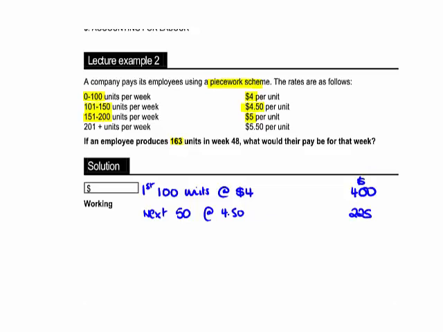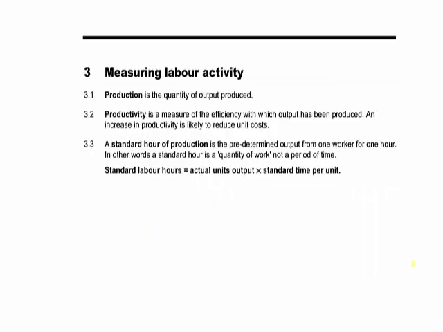And then finally we've got the remaining 13 units, which are going to be paid at $5 per unit, giving us 65. So our total pay for week 48 will be $690.